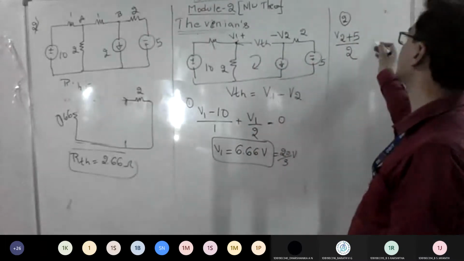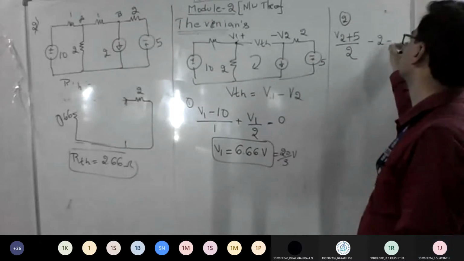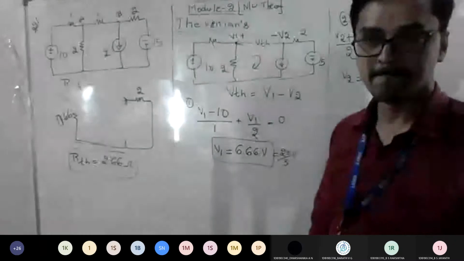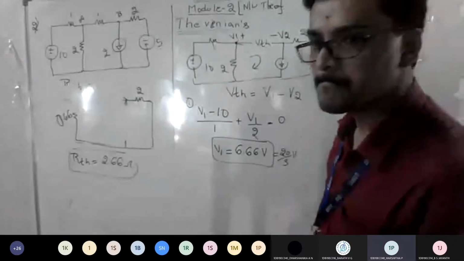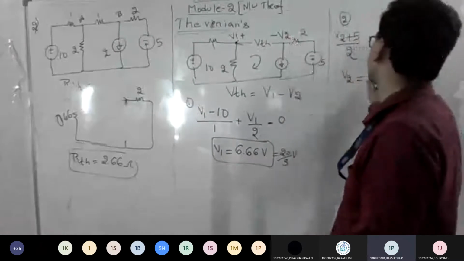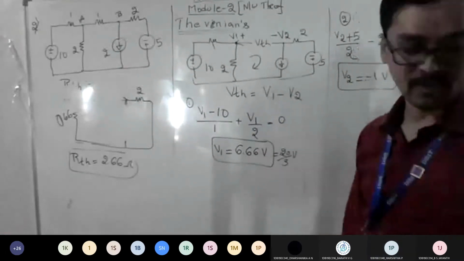Then the current is leaving, sir, minus 2. What is the answer of V2? Leaving. How much is V2? Minus 1 volt. Yes, sir. Okay, fine.